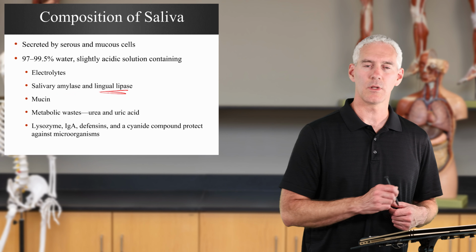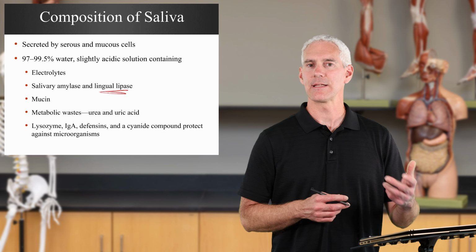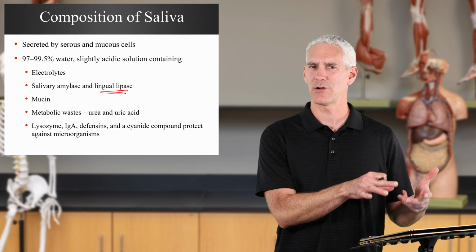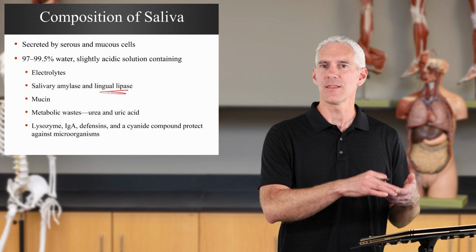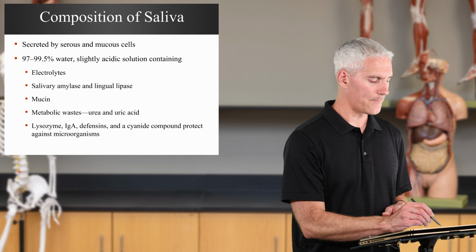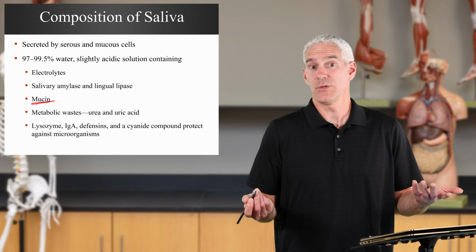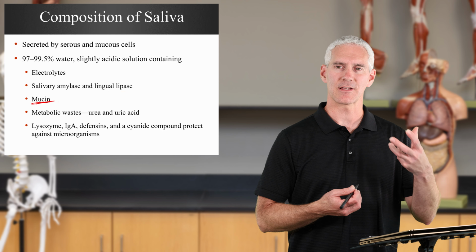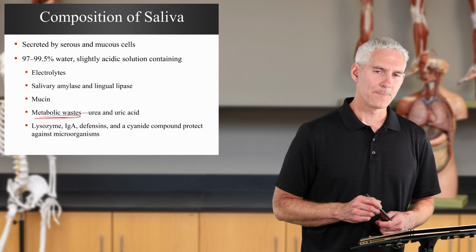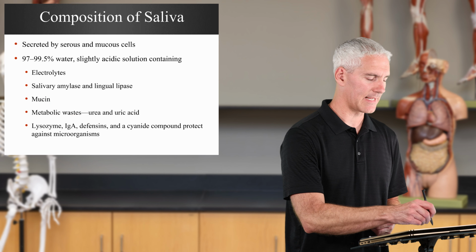You're going to have this lingual lipase. Now, lingual lipase is more for lipids. You're not really starting much breakdown at the point here in the mouth. The breakdown starts initially a little bit further on down. You're going to have mucin. Mucin is the mucus. It's meant to give kind of that coating to the food, helping create the bolus. Metabolic waste, things like urea, uric acid are found here.